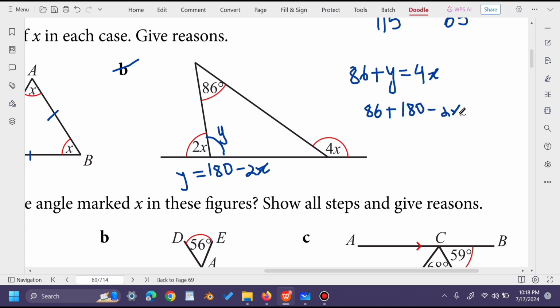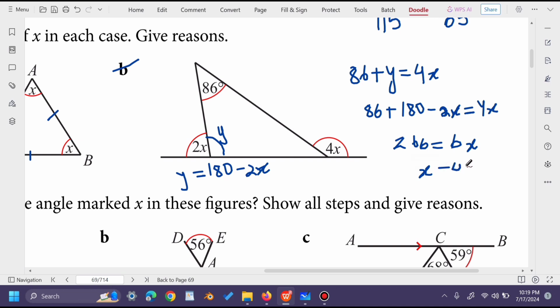Then here instead of y I write 180 minus 2x is equals to 4x. Now what I am going to do is 86 plus 180, it is going to be 266. 266 is equal to, the 2x is minus here, on going over there it becomes plus, so it will be 6x. So if we divide 266 by 6, we will get the final answer, which is going to be 44.3 degrees.